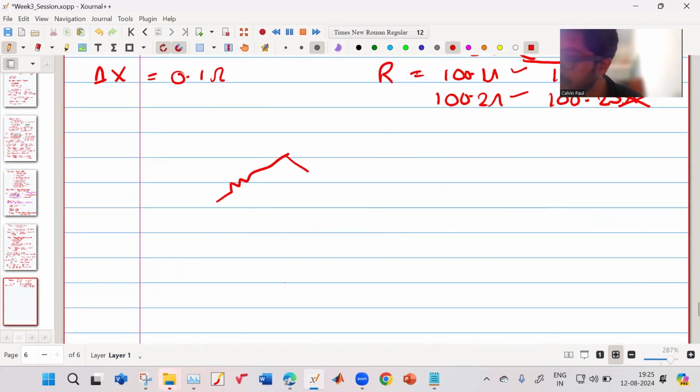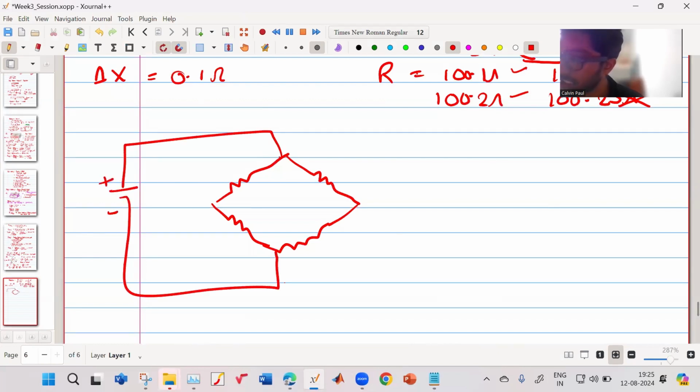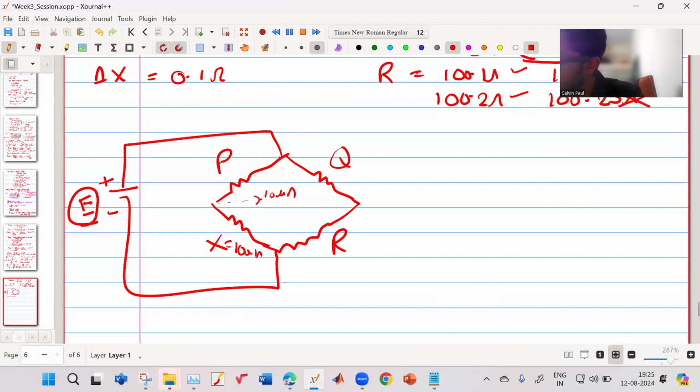So we have to find out this E. P is given, Q is given, R is given, X also is given. They told us X is actually 100 plus 0.1, that is 100.1 ohm. And they're saying the current through the galvanometer should be 10 microampere.